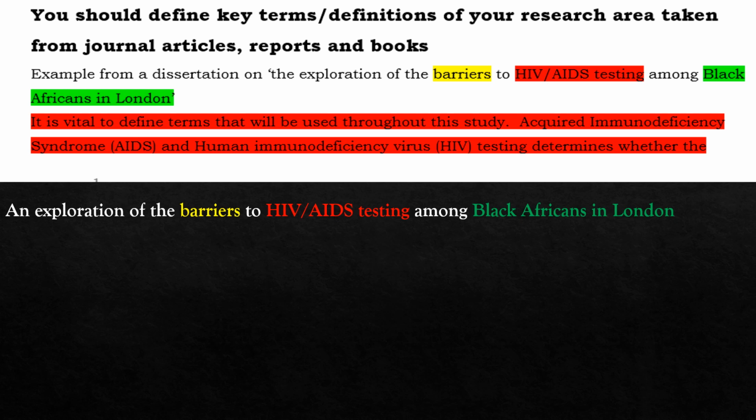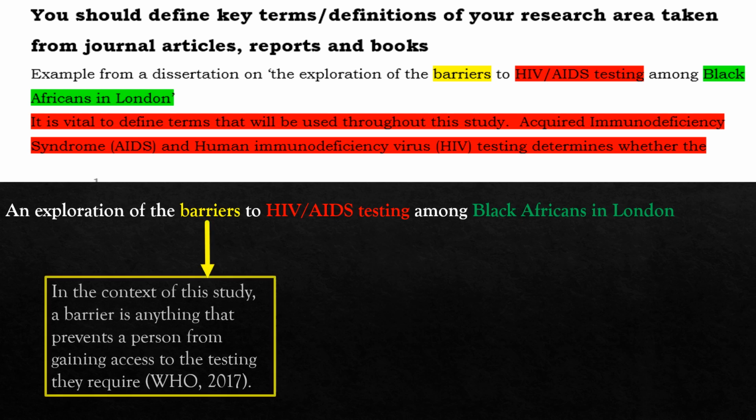So, this student, in her dissertation on the exploration of barriers to HIV/AIDS testing among Black Africans in London, has defined and contextualized each aspect of her research aim. In terms of barriers, she explains what it is.